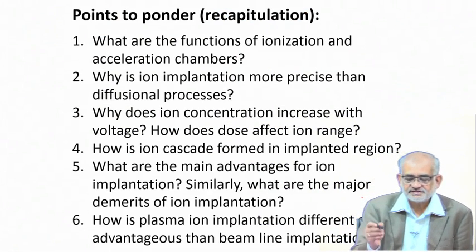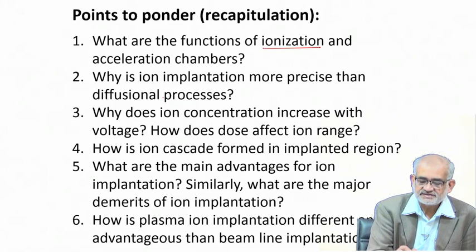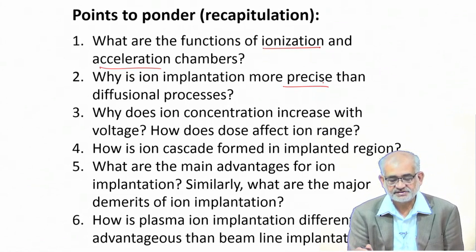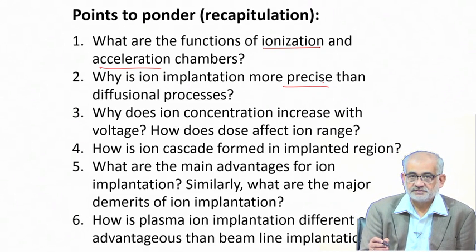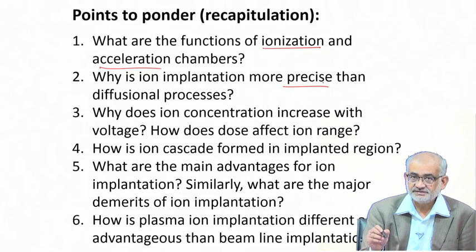So what all we have discussed, we have understood that there is a certain functionality of an ionization chamber and an acceleration process in the chamber, and this is exactly, otherwise we can't do implantation. This is much more precise than any other diffusional process because of the fact that we have extremely high precision in the site selection or location, and also in the control of the depth to which we can allow this diffusion or penetration.